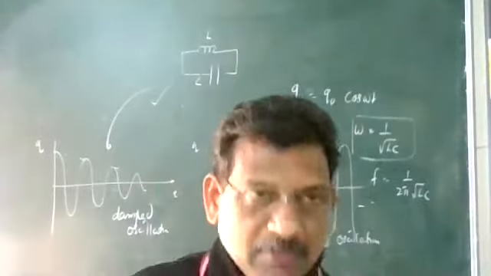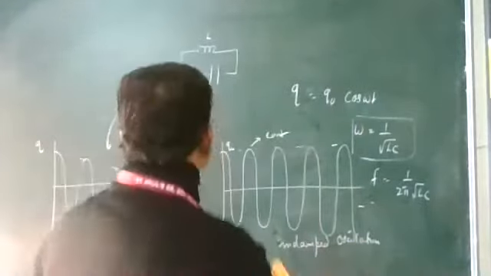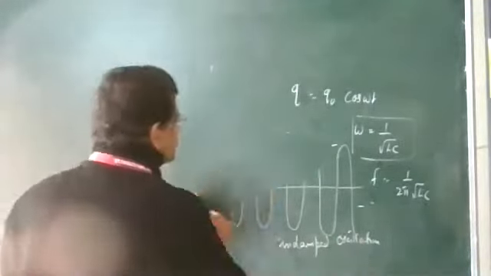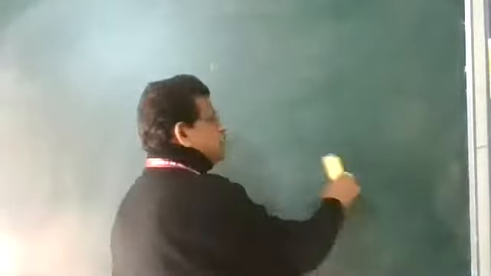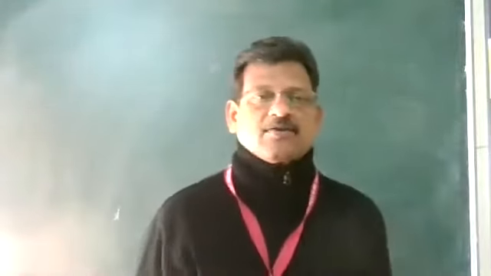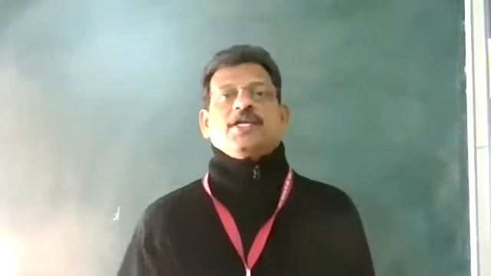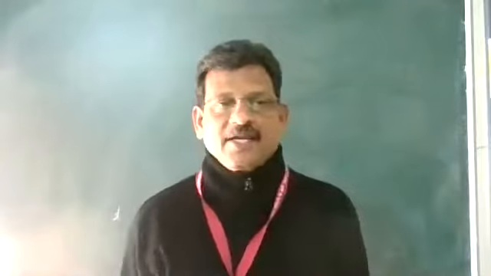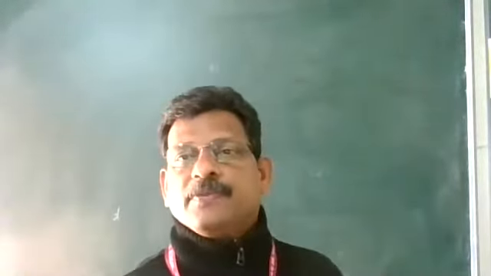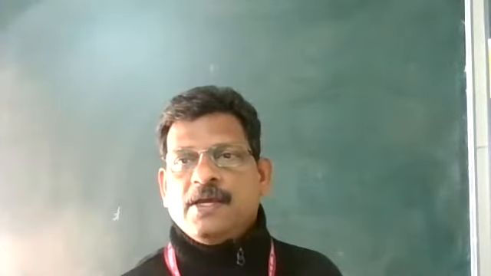So we are starting this chapter, electromagnetic waves. First point you have to remember: the LC circuit produces electromagnetic waves, as the charge is oscillating. An oscillating charge or accelerating charge produces electromagnetic waves. Okay, fine.